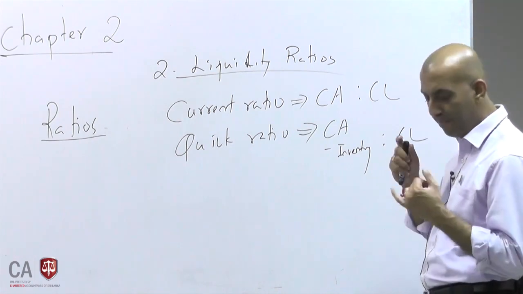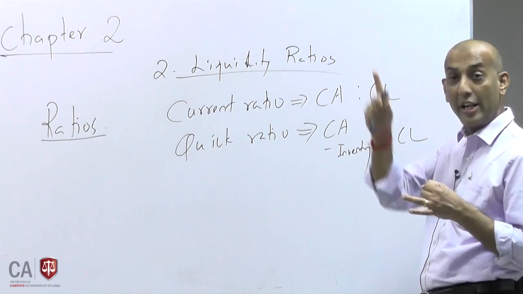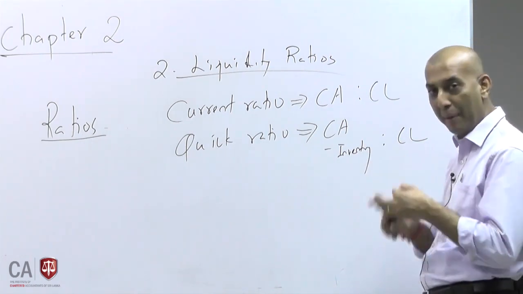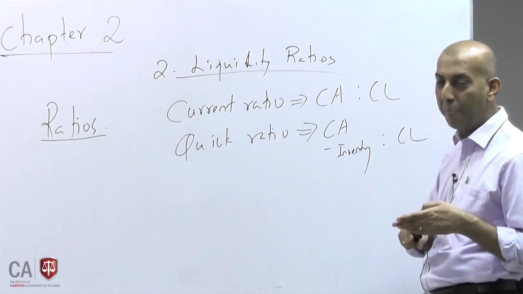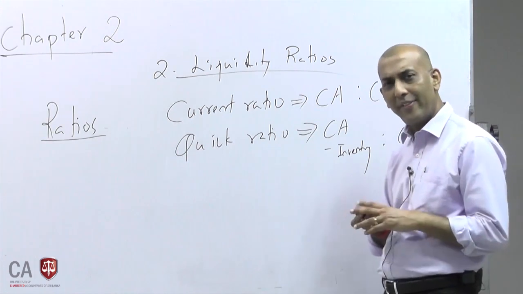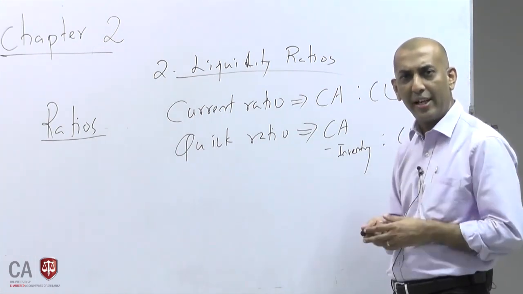Why? If you can't meet your salaries, you can't meet your day-to-day utility bills, you can't pay your suppliers on time, you can't make your payments to the banks or any other financial institution, how long can you survive? Your employees will not be working in your company for 3 months if you don't pay salaries.